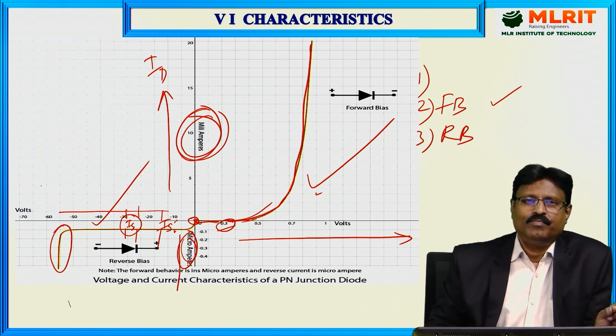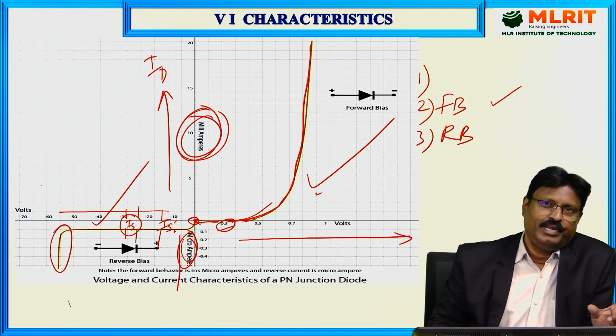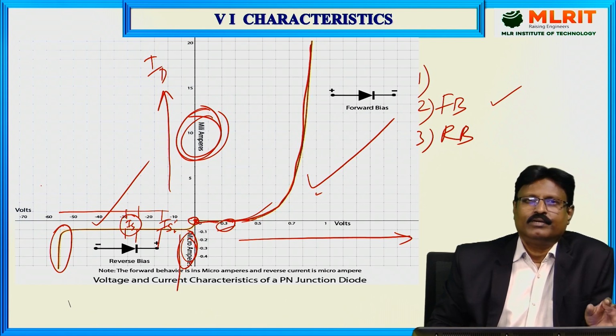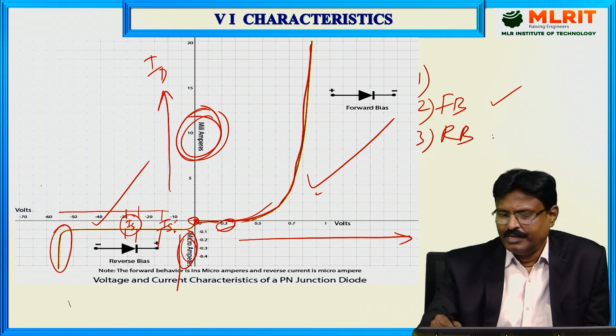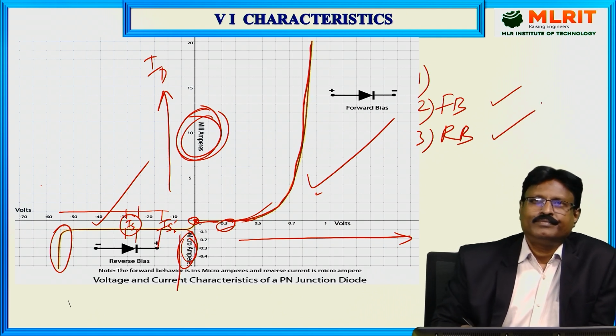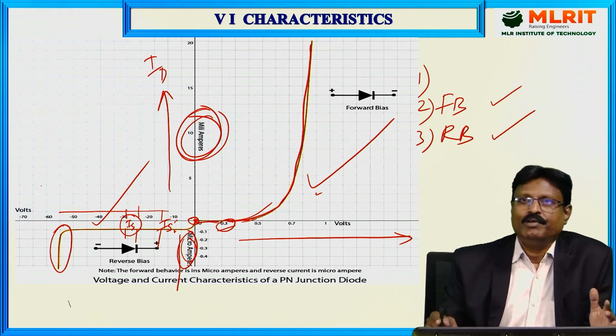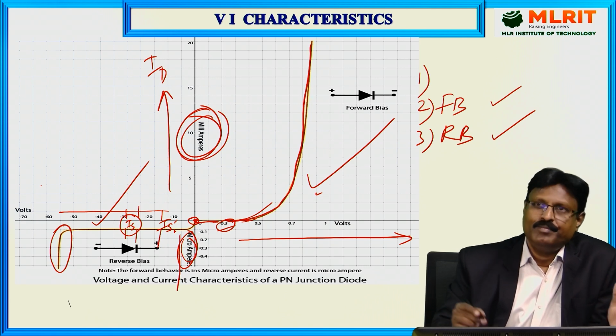That means there won't be any movement of majority carriers across the junction, so whatever movement happens inside the device is due to the minority carriers. That's why a smaller current will be flown. So in the forward bias, maximum current will be flown, and in the reverse bias, minimum current will be flown.